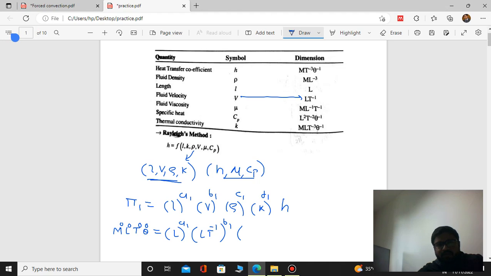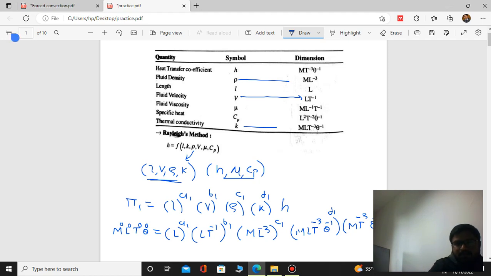Rho, in place of rho what we will have to write? M L minus 3 raised to C1. Then after K, here in K what you will have to write? M L T minus 3 theta minus 1 raised to D1. And for H, M T raised to minus 3 theta raised to minus 1.